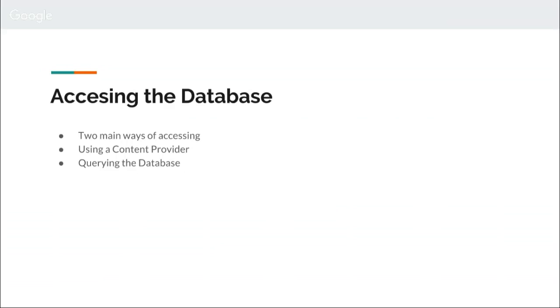Okay, so I talked about some perks and some problems with the database, but how do we access this database? We already saw in the lesson how this is done. It's done in two ways. First of all, using the content provider.